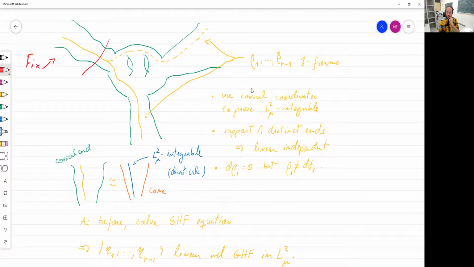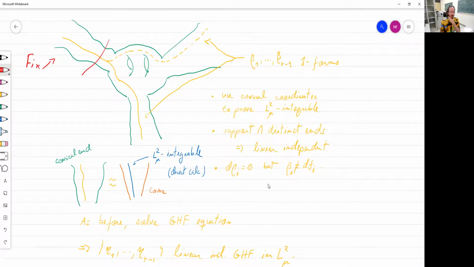They're closed, and the support is near each curve. Since they go to different ends, they have joint support in a certain part. So they're linearly independent because of that, and closed and not exact by construction.